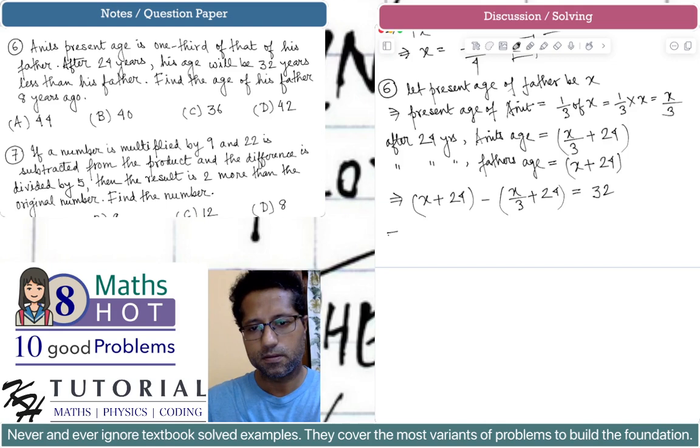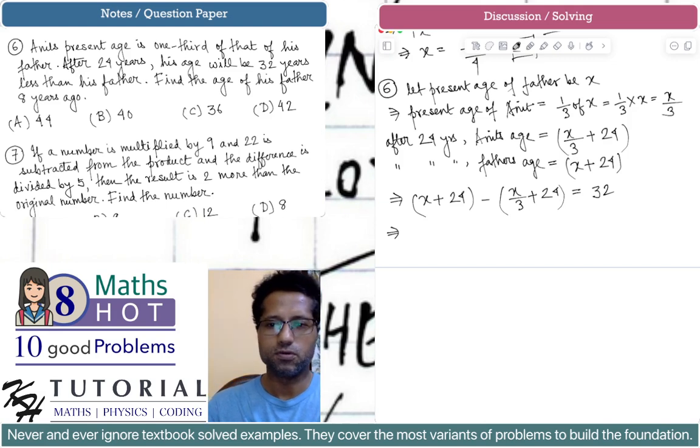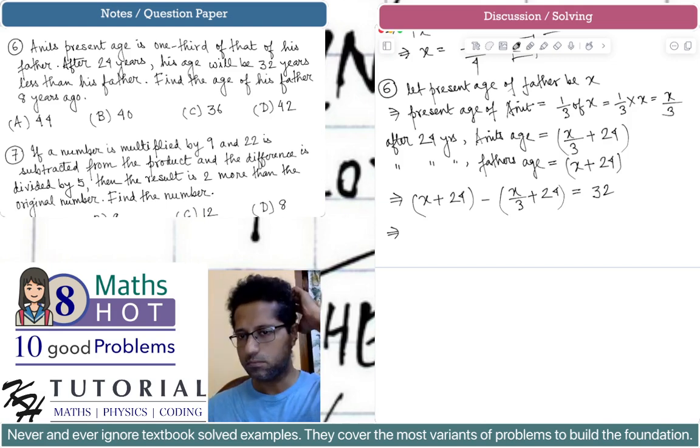Before doing so, please note that small details, small observations you have to see, and you can save time if you observe little things.